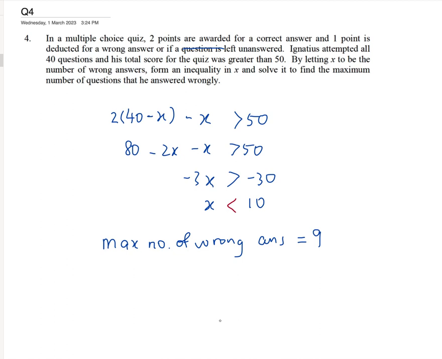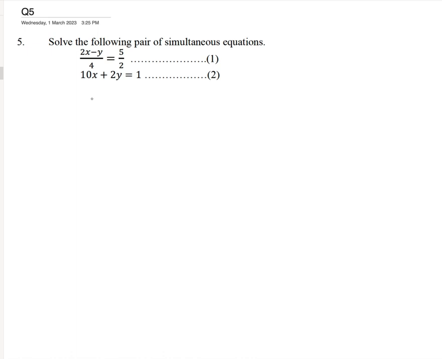We now move to the next question. This question is on simultaneous equations. Simultaneous equations is a pair of equations where the x and y variables have the same value. So to solve it, we need to remove one unknown.